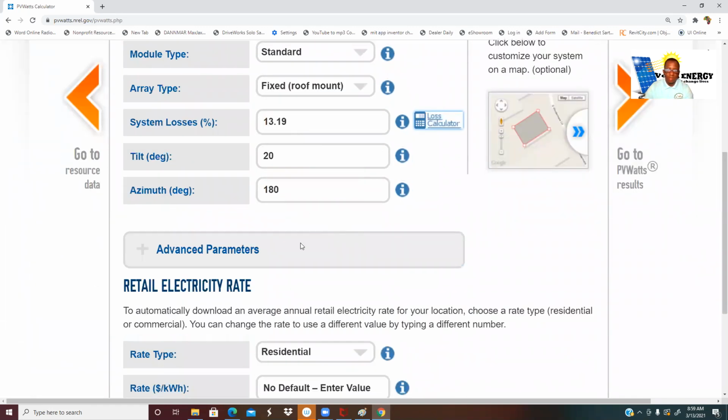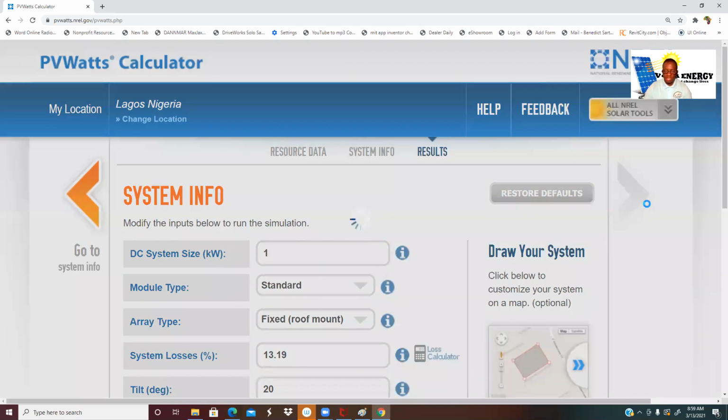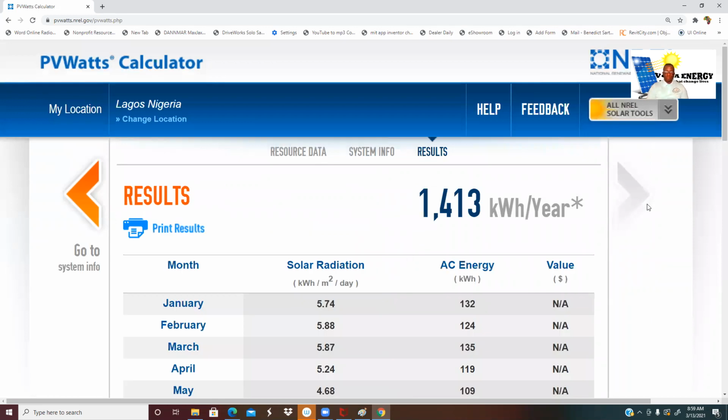So the angle and everything here, I'm going to leave the same. We're doing a residential system. I'm going to click over here that says go to PVWatts results. I click on this arrow.